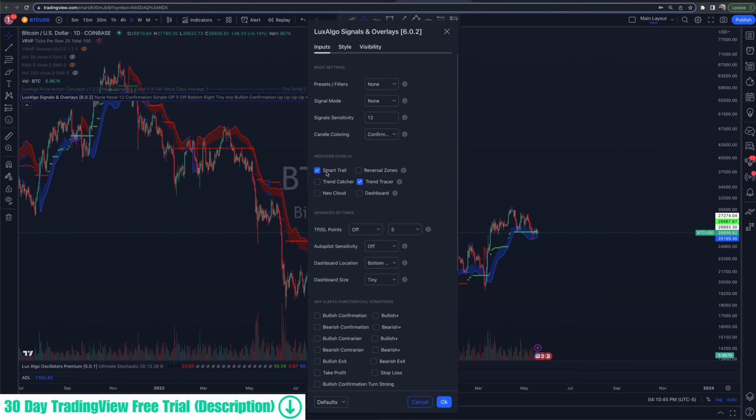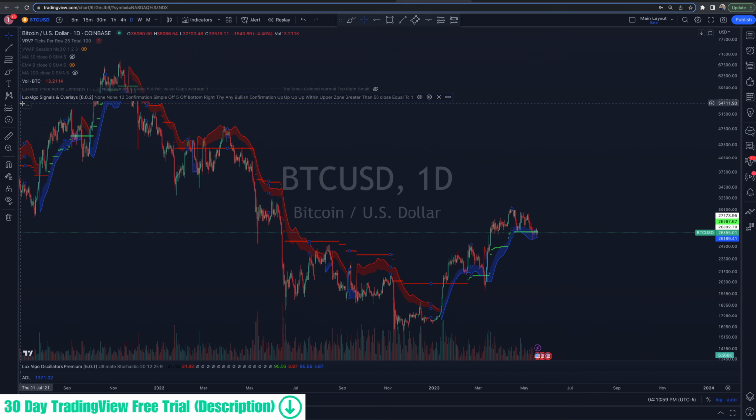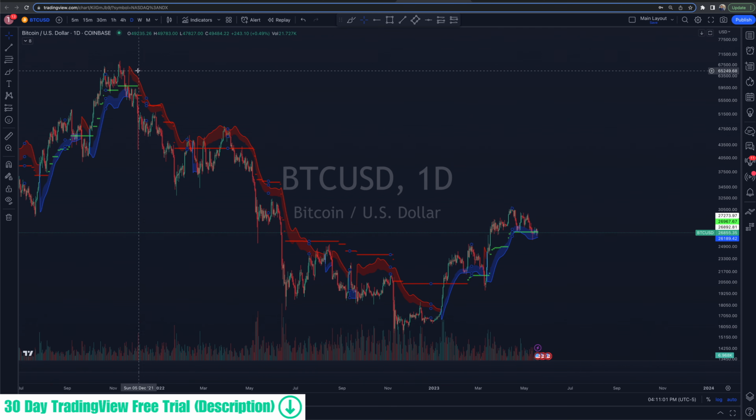Okay. So let's now walk you through how we're going to use the smart trail indicator and the trend tracer to build a trading strategy here on TradingView with Lux Algo's wonderful indicators. So what the smart trail is really doing is it's kind of trailing, and obviously that's the name, but what we can use it for is we can use it as a trailing stop loss, okay?